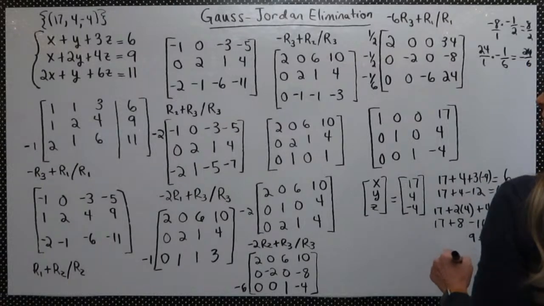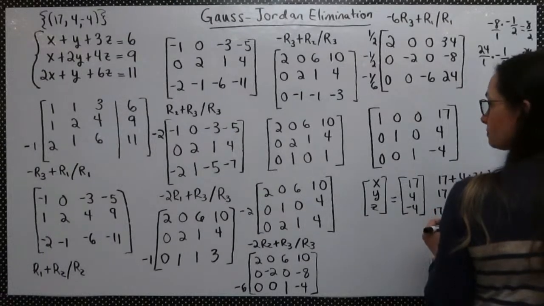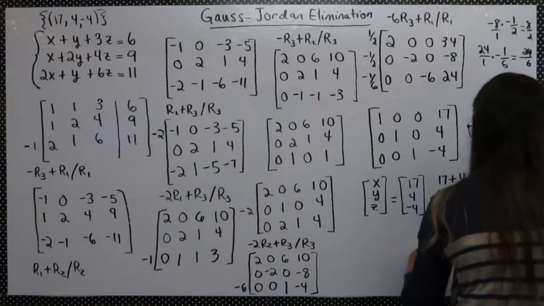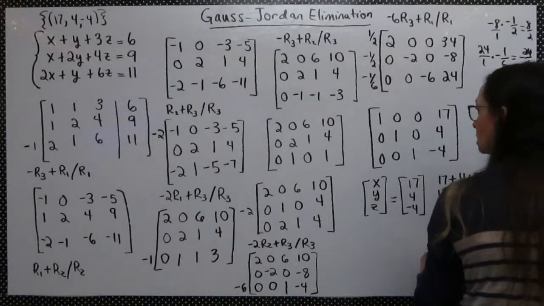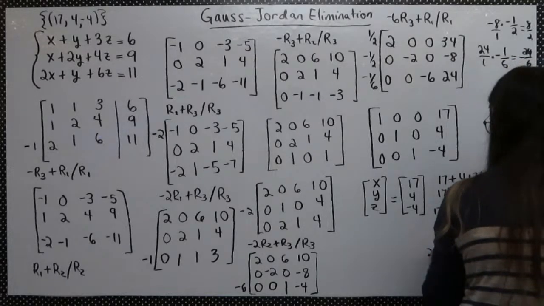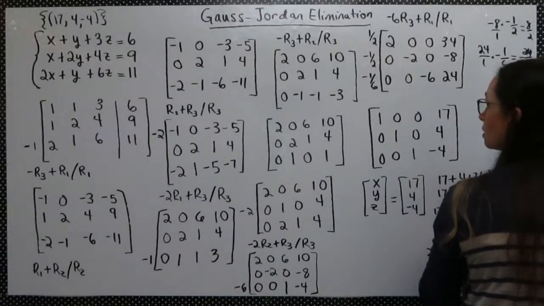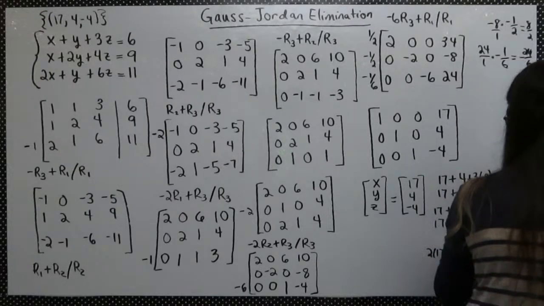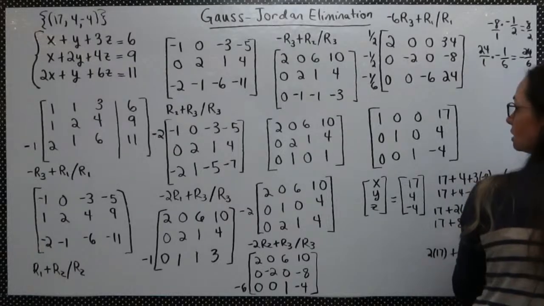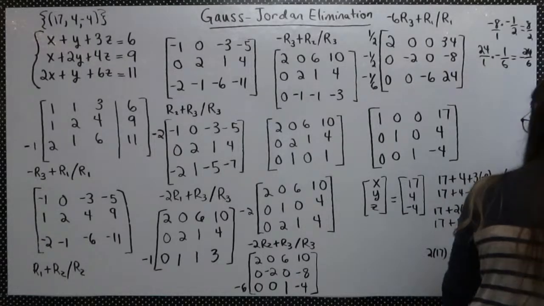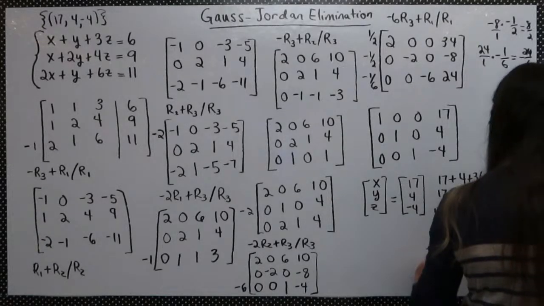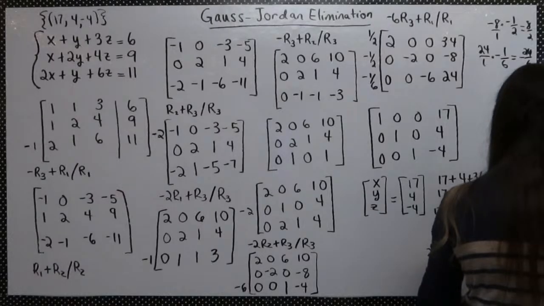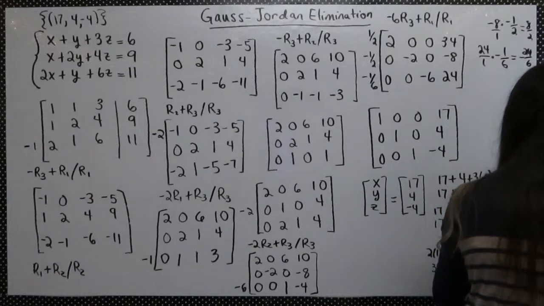See if the third one works. We will be close. So we've got 2 times 17 plus 4 plus 6 times -4, and see if that equals 11. So it's 34 plus 4 minus 24.